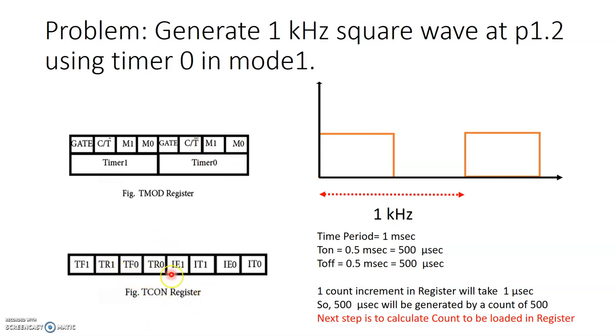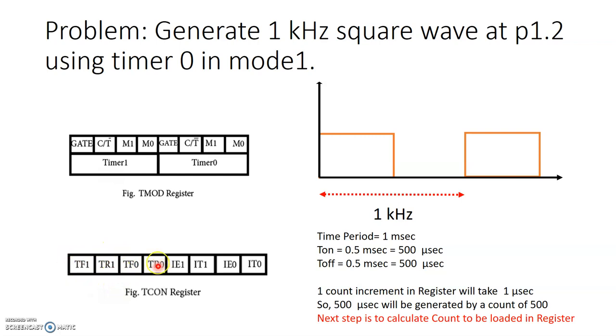Now come to the TCON register. In the TCON register, the lower half we are not interested in because it's for interrupt operation. In the upper 4 bits, again, we are not interested in TR1 and TF1 because they are used for timer 1.